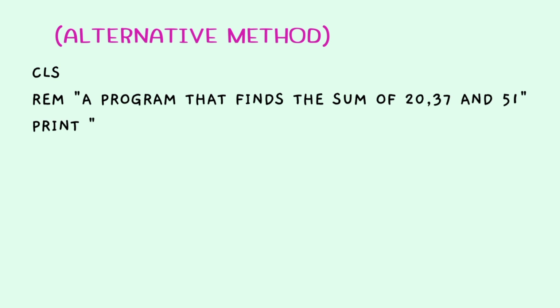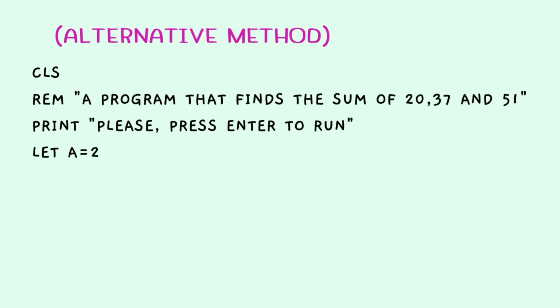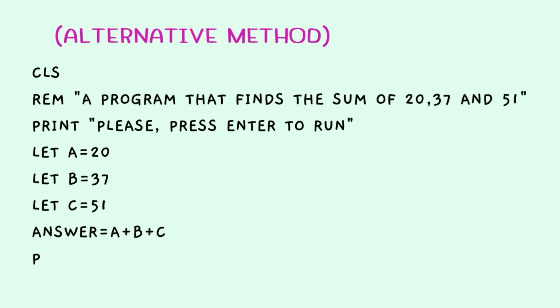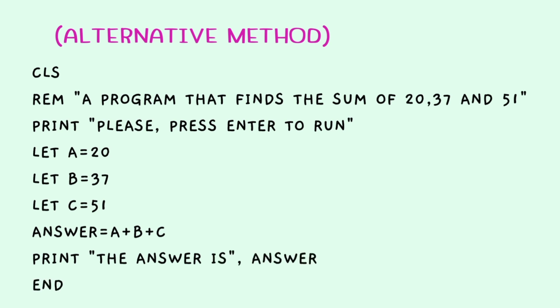Like we learned, the let statement is used to assign value to some variables. Now let's assign the values 20, 37, and 51 to the variables A, B, C. So wherever the compiler sees A, it treats it as 20, B as 37, and C as 51.